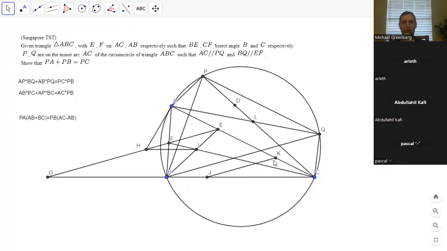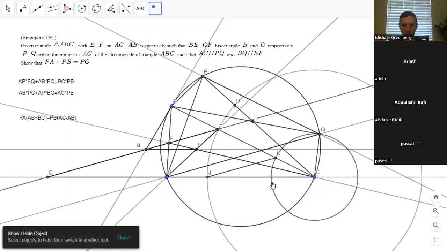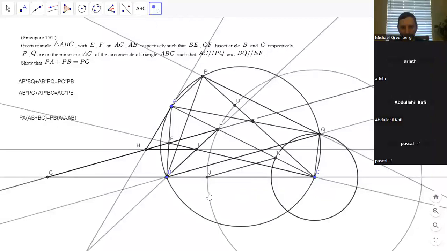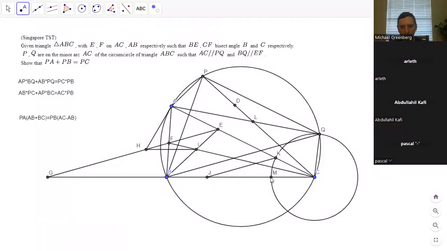I could also try flipping around this triangle. So basically, CMD should be congruent to PAB. You could try using that.